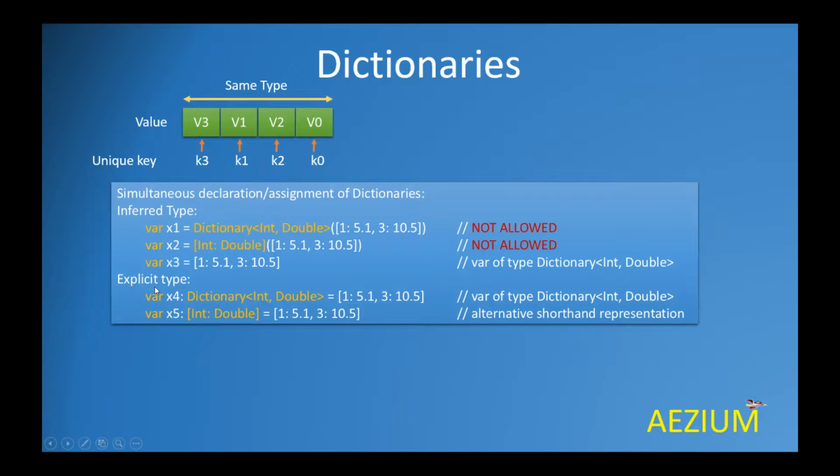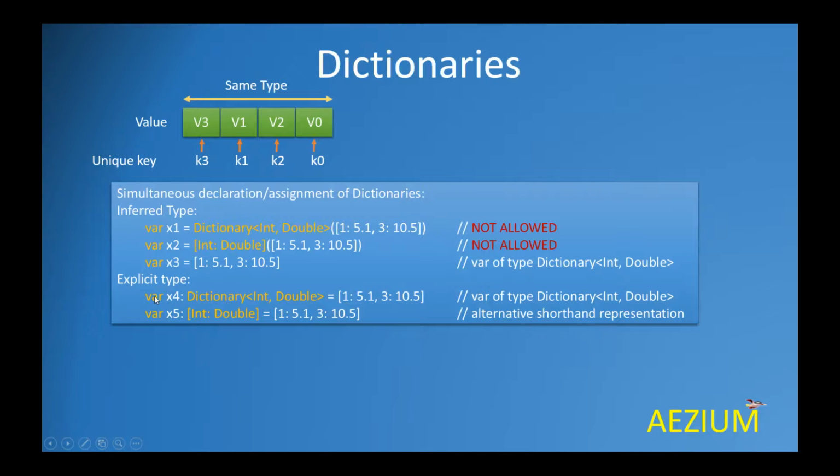First part is when we explicitly mention the name of the type, and the second one is the case that Swift determines the type of our declared variable or constant by inference. Let's have a look at the explicit type first. Here we are saying that x4 is a variable. This might as well be a constant. I'm just showing here the declaration for variables, but the same could apply to constants.